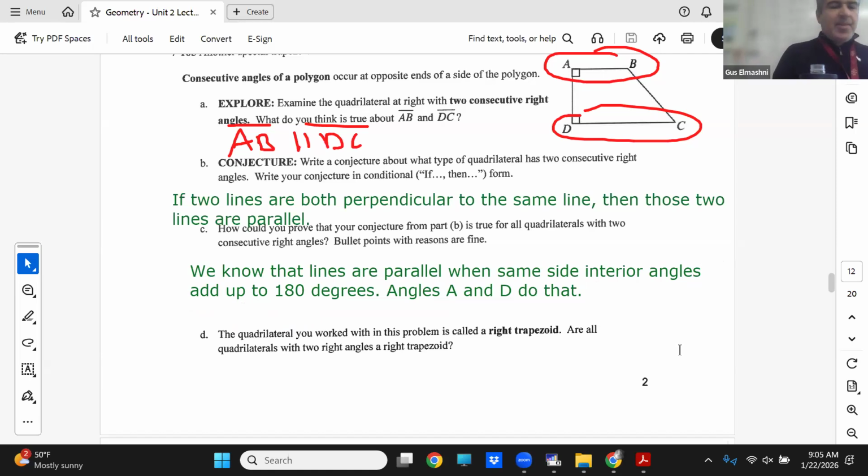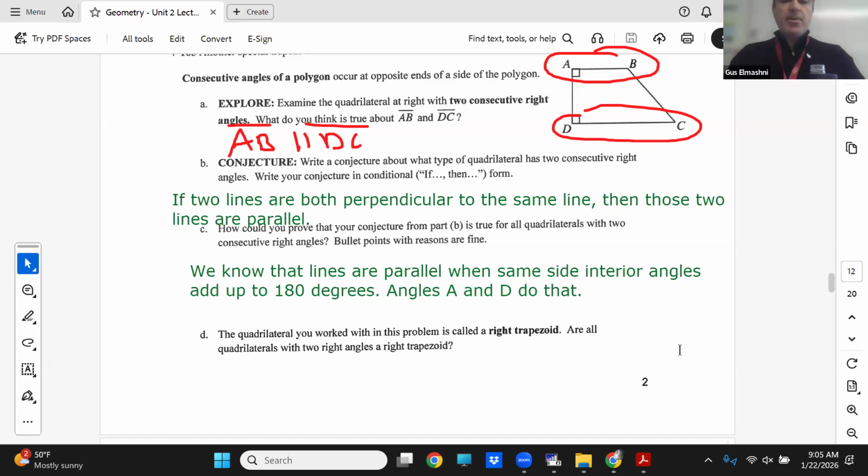I could have given you 4 or 5 more bullet points, but in the interest of time I'm just going to tell you straight what's going on. So we know that lines are parallel when the same side interior angles add up to 180. A and D are same side interior angles. Again, I could have done a more formal proof, but I'm not going to do that. And the quadrilateral you worked with is called a right trapezoid.